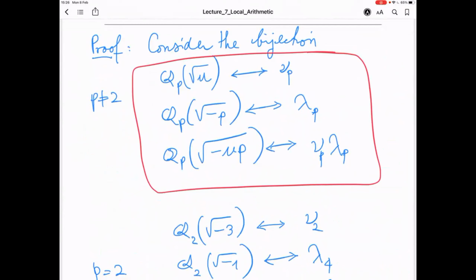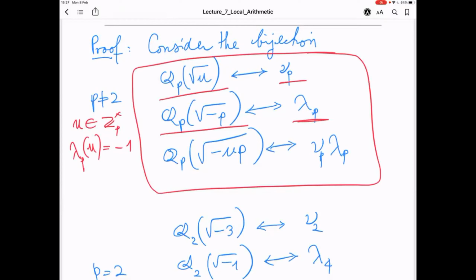Here of course u is in Z_p star and it's not a square. So that gives you a quadratic extension Q_p(√u). I make it correspond to the unramified quadratic character. Then there's the extension Q_p(√-p). I make it correspond to the quadratic character λ_p.